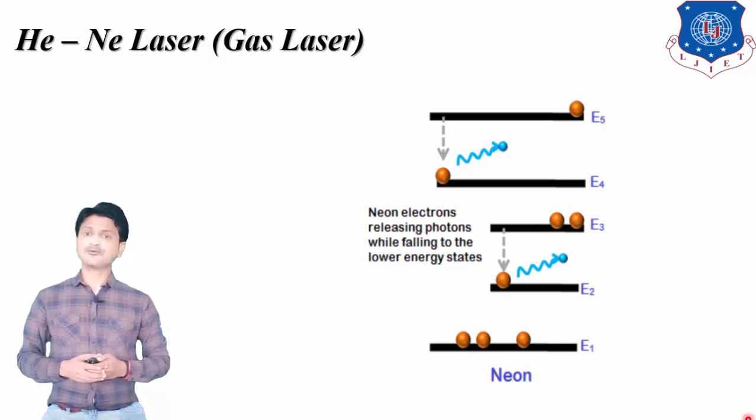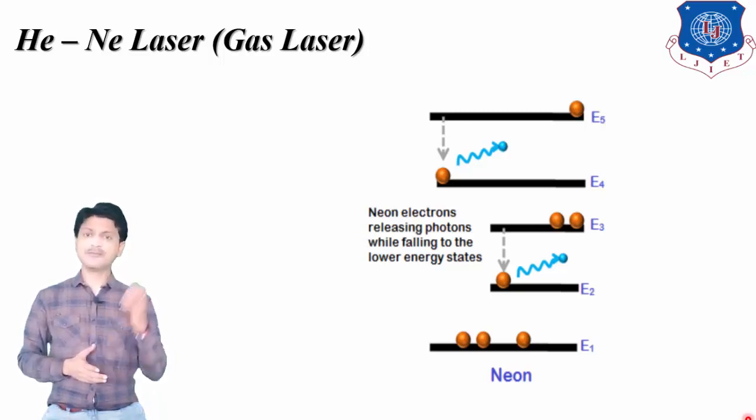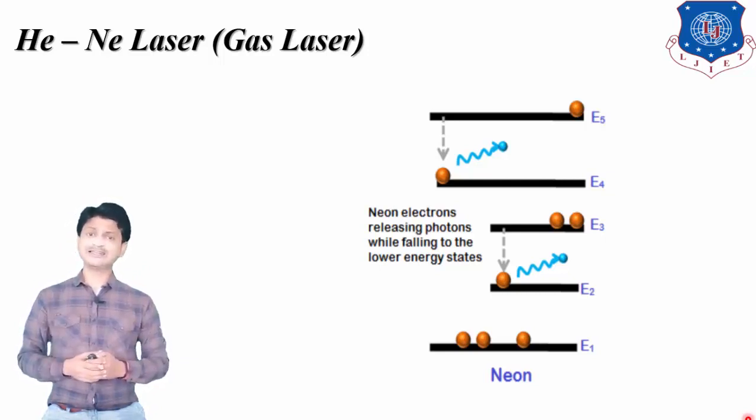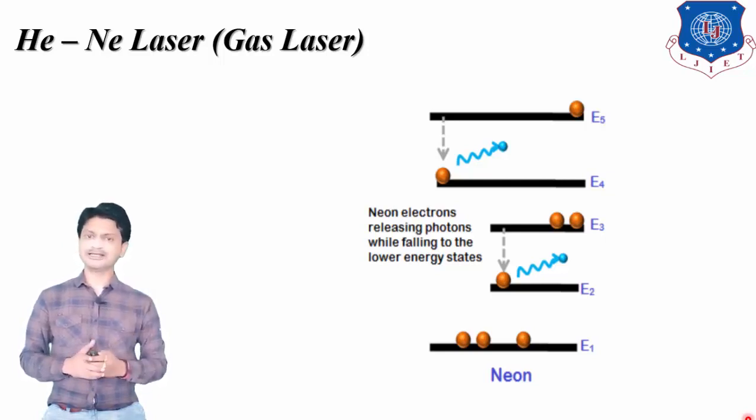Now, the photons emitted from neon atoms will move back and forth between the two mirrors until they stimulate other excited electrons of neon atoms. So optical gain is achieved, and this process of photon emission is known as stimulated emission of radiation.